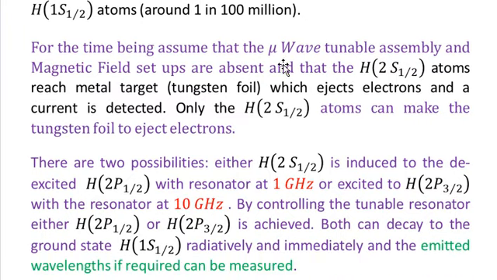For the time being, assume that the microwave tunable assembly and the magnetic field setups are absent, and that the 2s1/2 atoms reach the metal detector, that is the tungsten foil, which ejects electrons and a current is detected. Only the H 2s1/2 atoms can make the tungsten foil eject electrons.